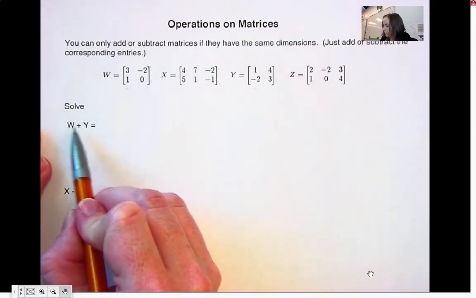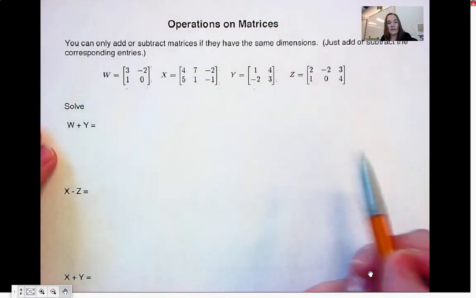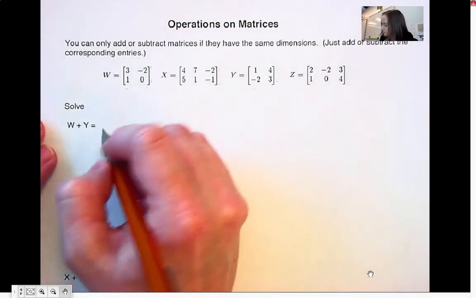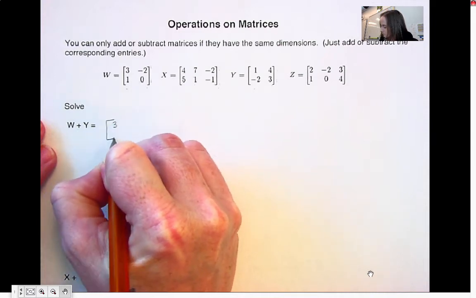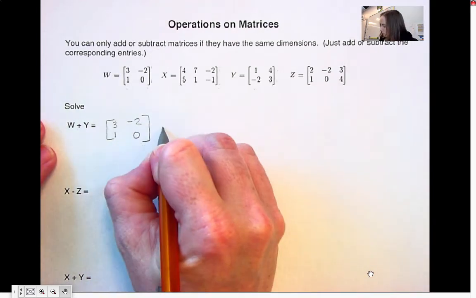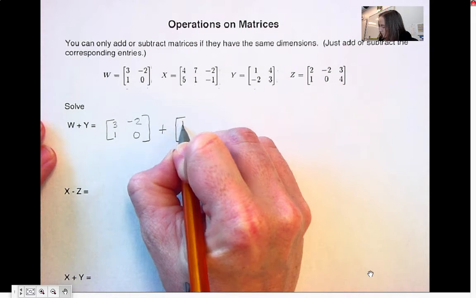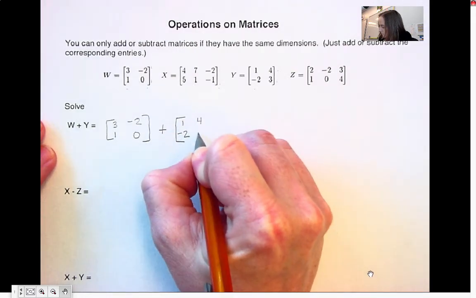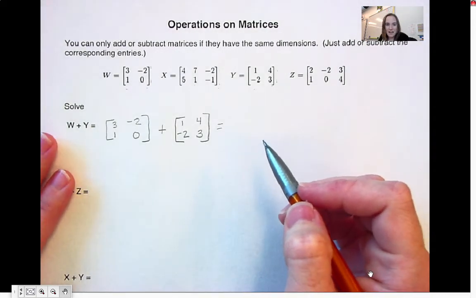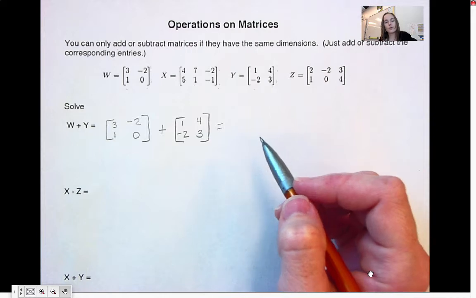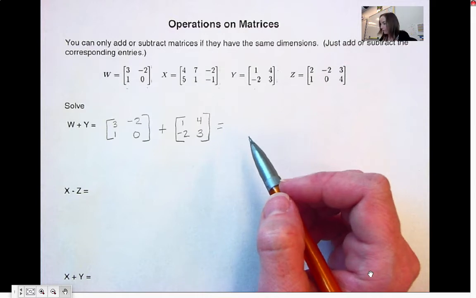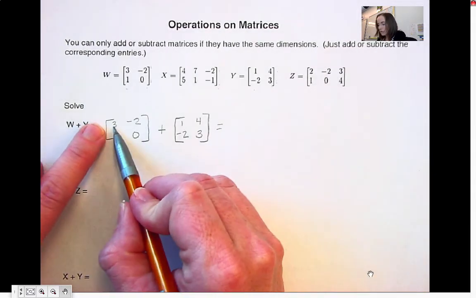Okay? W plus Y. We just said yes, we can do that. So I'm going to write down what W plus Y is. There is W. And there is Y. Now, all you do is just add the numbers that are in the same location in the matrices. They're called corresponding because they're in the same location. So the 3 is in the top left.